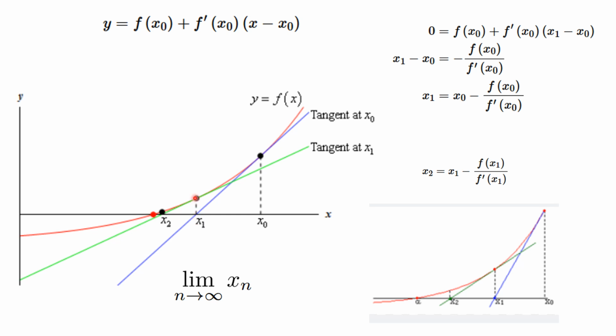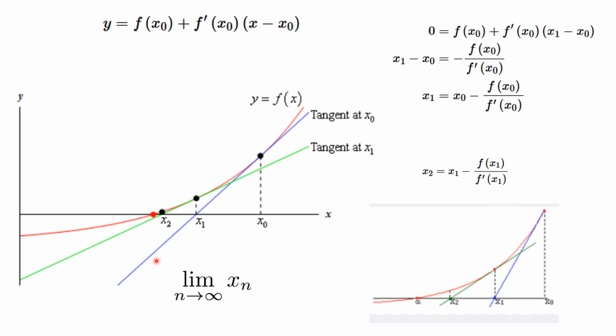Again, we set y equal to 0 in the equation for the tangent at x1. Well, x2, when we look at the equation of that, is going to be x1 minus f of x1 over f prime at x1.